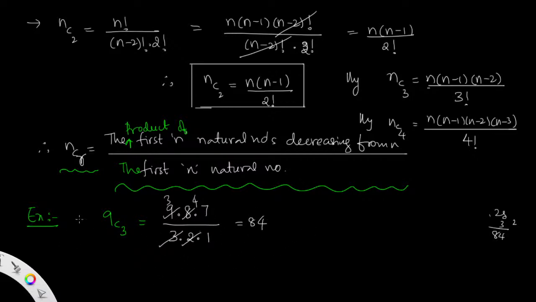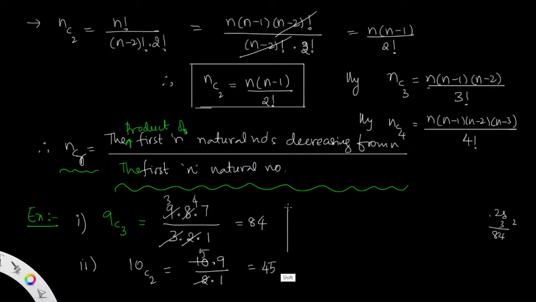Similarly, the next value, suppose 10C2 is there. That is written as the product of first r natural numbers decreasing from n, divided by the first r natural numbers. So that is 10 into 9 divided by 2 into 1. So 2 and then 5, 5 nines are 45.